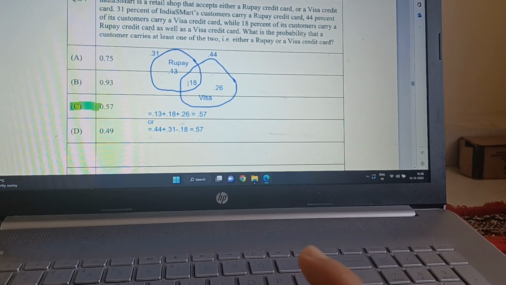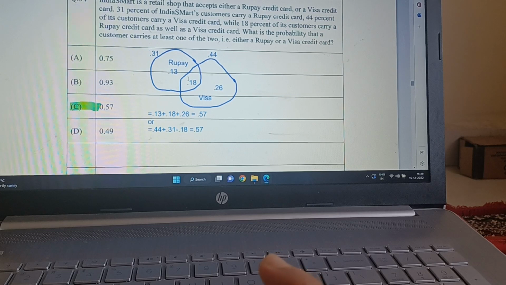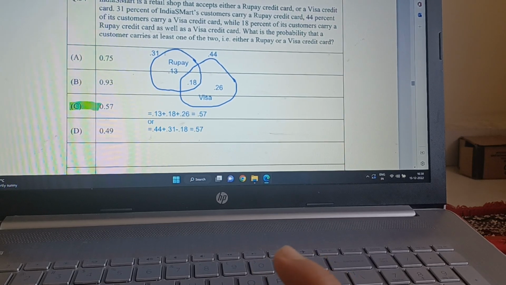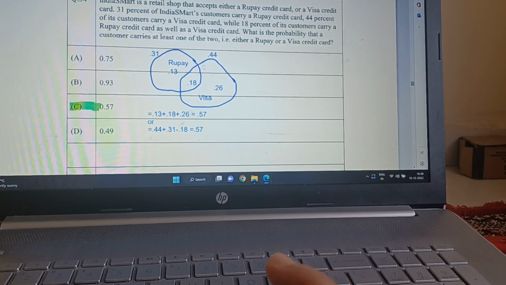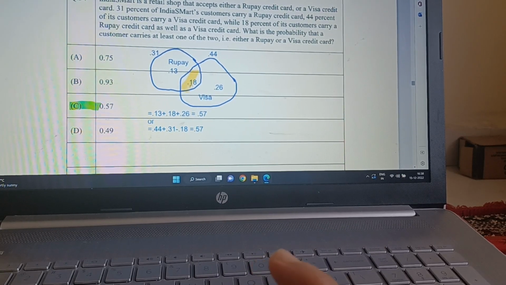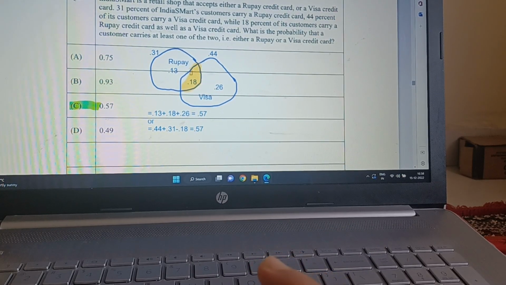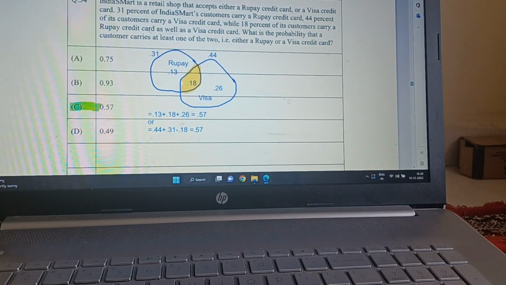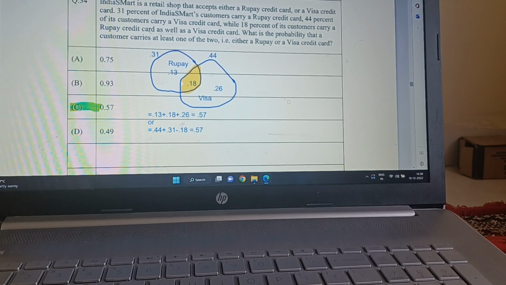But again, this 18%, which is carried by both, has been counted twice. When we are counting Rupee, we are also counting this 18%, and when it is Visa, we are also counting this 18%. So this 18% is being counted twice. That's why I deducted it once and it became 0.57. It means 57% of the people carry at least one of the two cards.